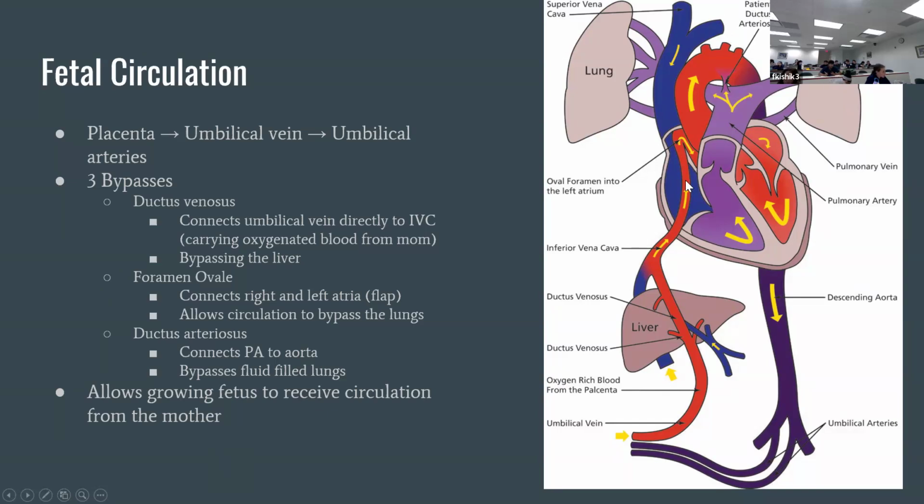So from the left atrium, yep, it goes to the left ventricle and then out the aorta. Up to the aorta, comes back through the aorta again. It comes back through the superior vena cava after the oxygenated blood has been used.